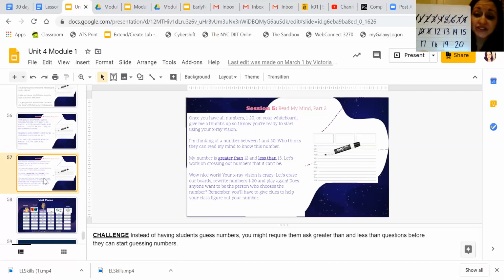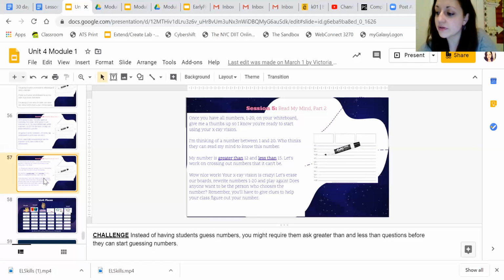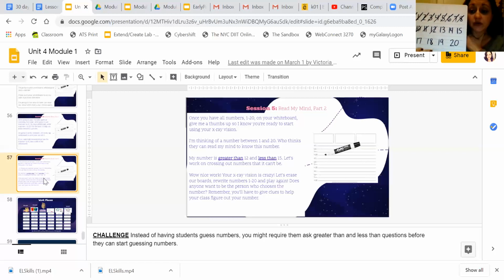Those are all the numbers that are actually, wait a minute, Miss Ewan made a mistake. Is 12 greater than 12? No, we have to cross out 12 too. Because 12 is certainly not greater than 12. Okay, so all the numbers greater than 12 are 13, 14, 15, 16, 17, 18, 19, and 20. Those are all the numbers that are greater than 12. So one of the numbers that I'm thinking of is one of those numbers that's greater than 12.